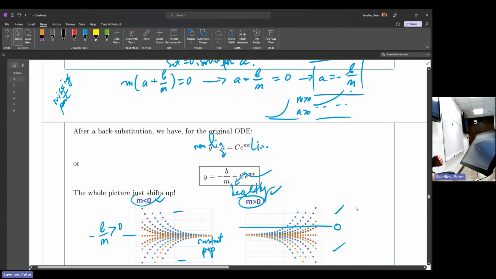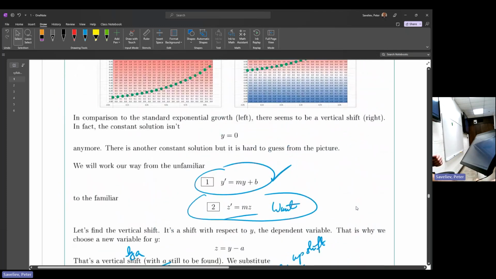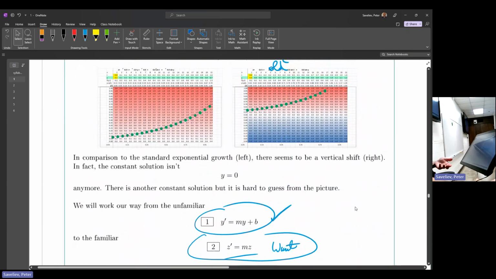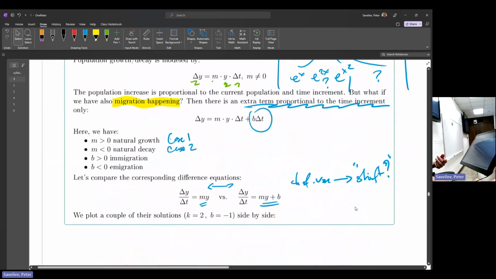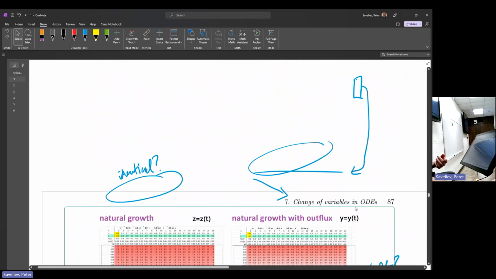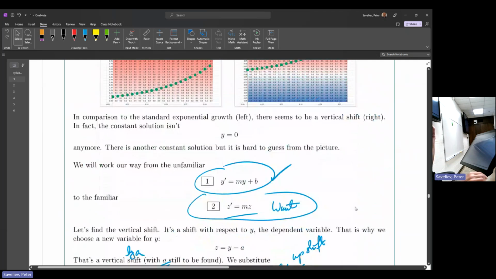But the point of this was just an example, not to solve this particular problem, but rather how we can solve the differential equation that appeared to be unsolvable. This one, and I didn't make that clear, I suppose, is equation number 1. It is unfamiliar in the sense that we don't have a tool for solving it.